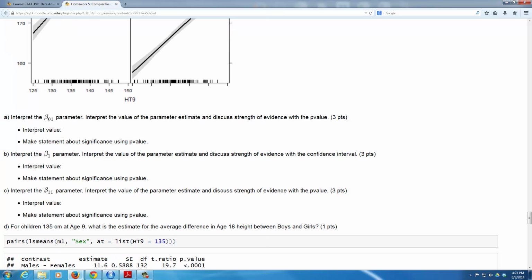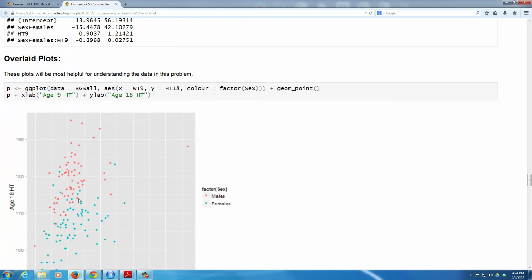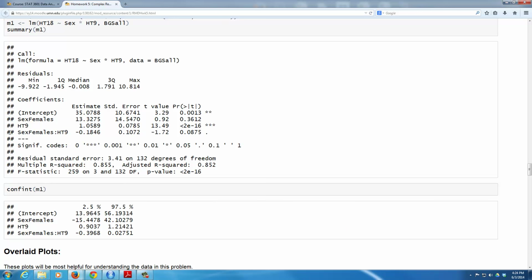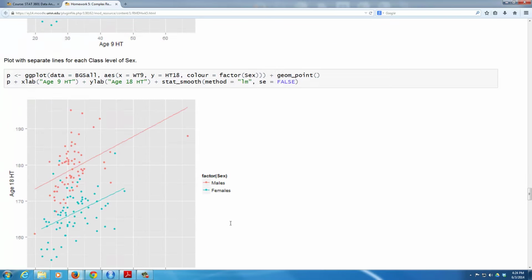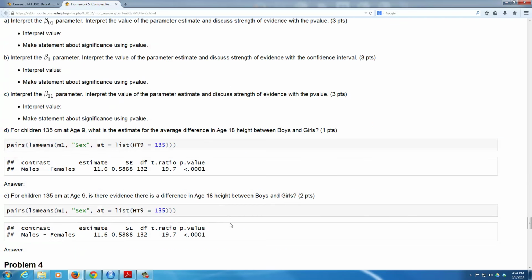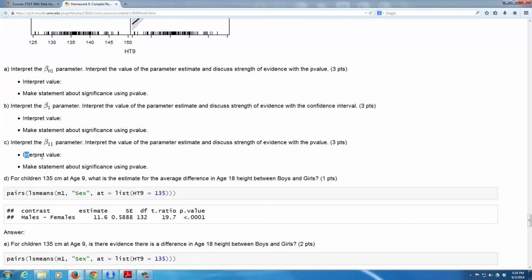Beta 1.1 is measuring the change in slope, and so I want you to use the model output. Remember, beta 1.1 is going to be dealing with this line, and so use the p-value and the value in the output to interpret the value and to talk about the strength of evidence.